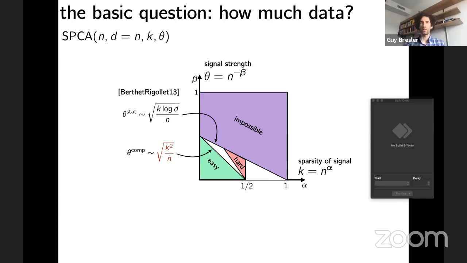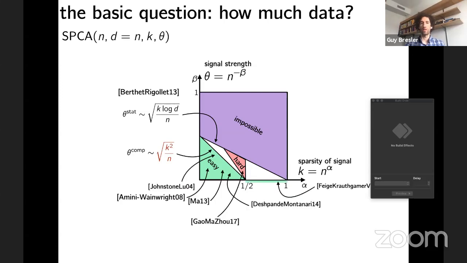Okay, now subsequently, there's multiple questions here. One is to find more algorithms, the other is to fill in those blank regions of the diagram. And there are a huge variety of algorithms, each with their own advantages. And the blank regions of the diagram were closed in the last couple of years in joint work with Matt Brennan and also with Wasim Huleihel in two separate papers.